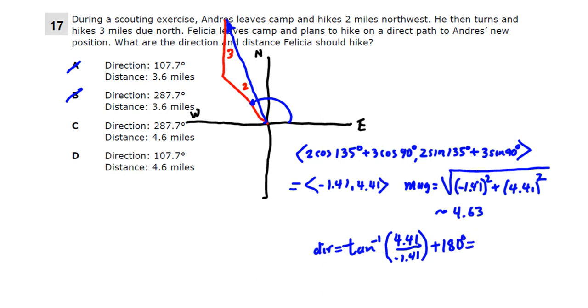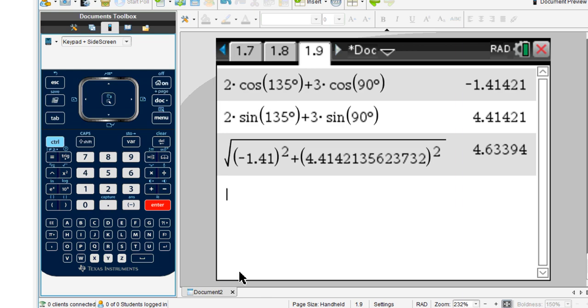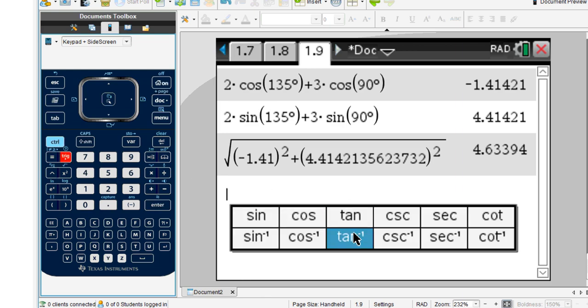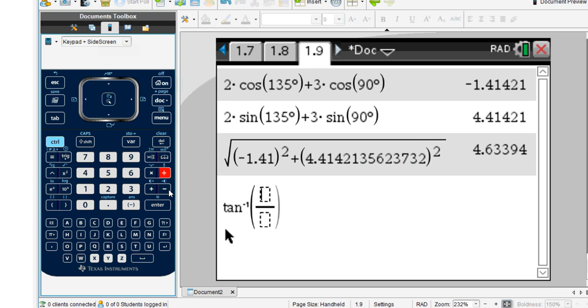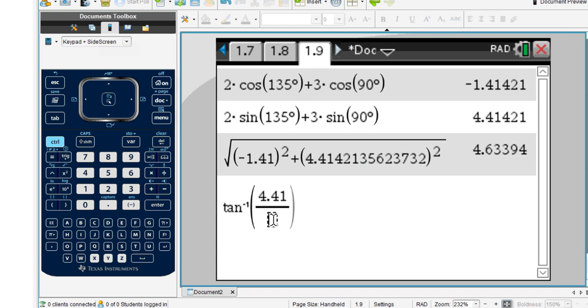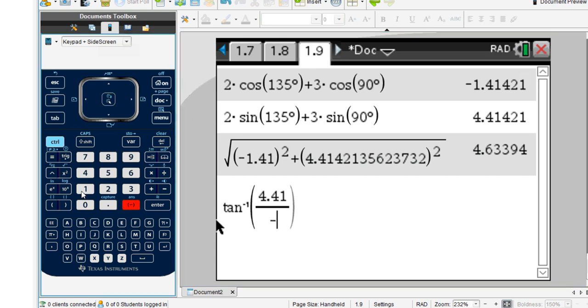So I'm going to go here and put inverse tangent of 4.41 over negative 1.41, and we're going to get this, which is a radians answer.